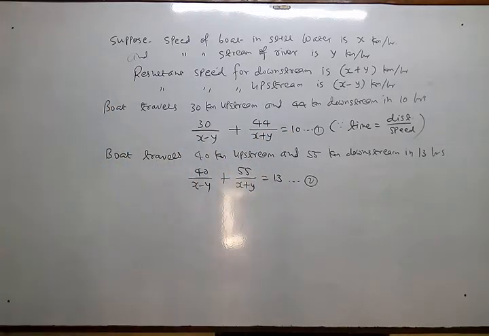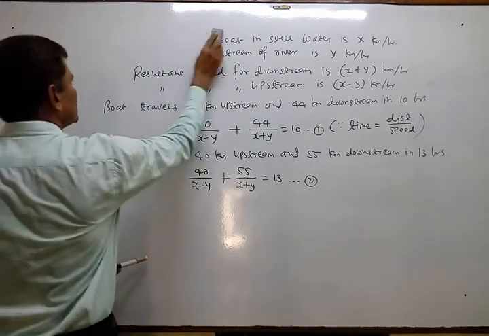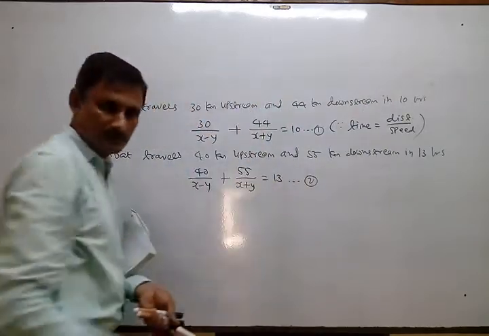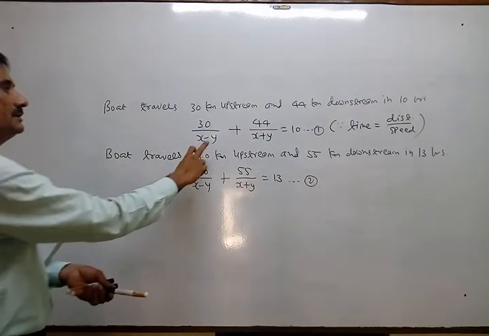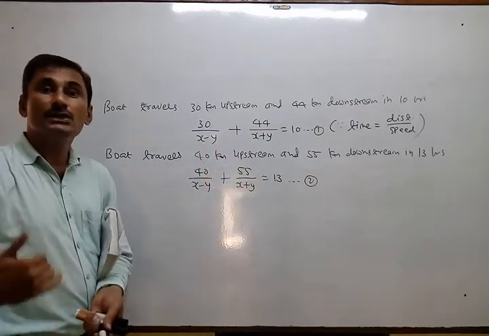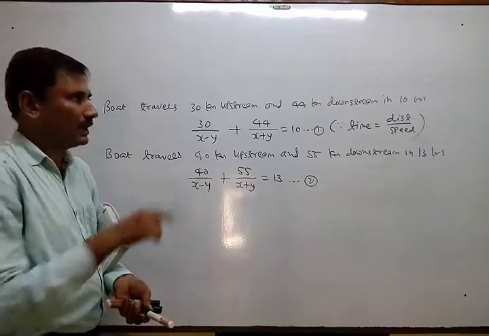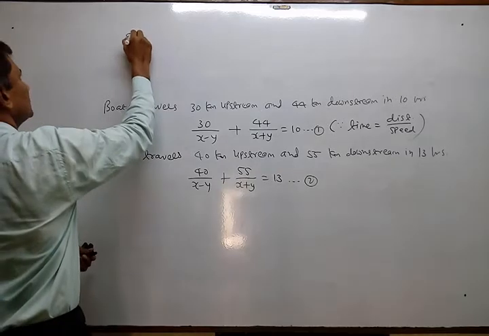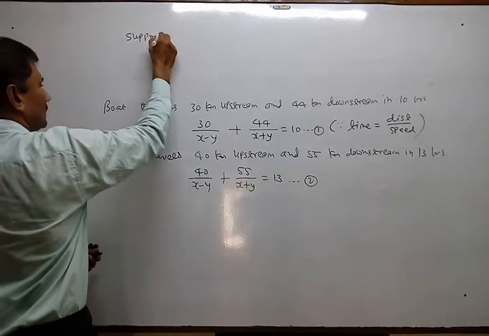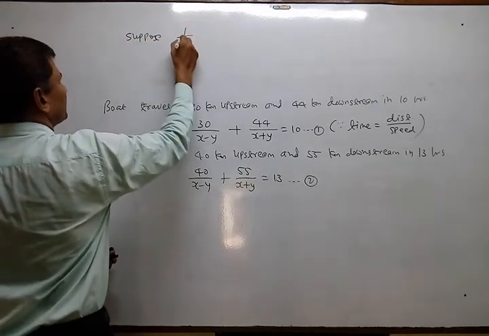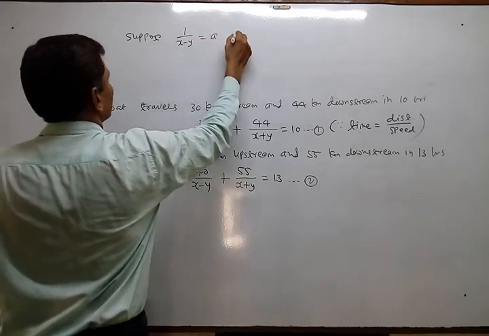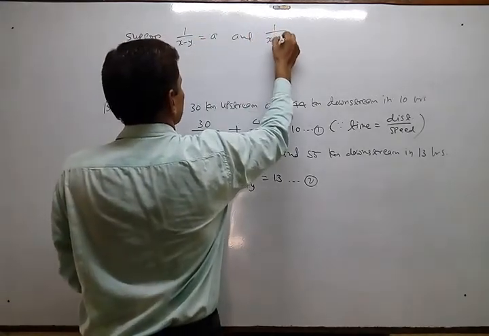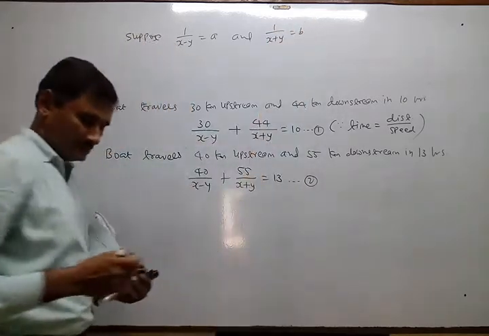Now we have to suppose A and B, two new variables, so that these equations are converted into a pair of linear equations. Now they are not linear equations. So suppose 1 upon x minus y equals A and 1 upon x plus y equals B.